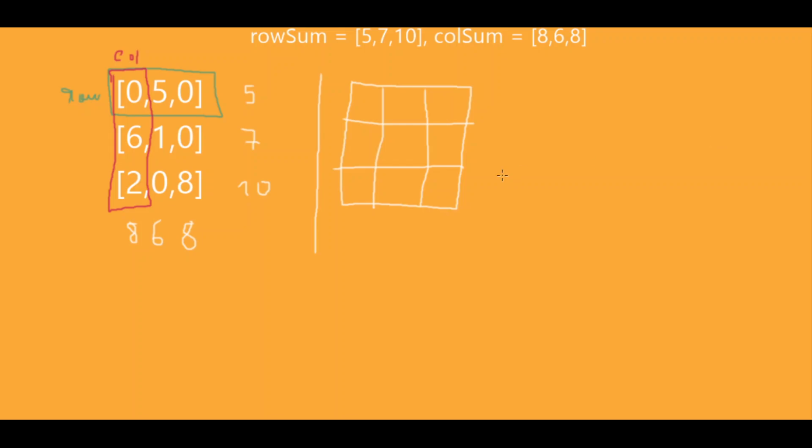So now we can try to understand what this solution is about. The approach that we are going to use to fill this matrix is greedy based. I will put here a limit of 8, a limit of 6, a limit of 8, and here a limit of 5, a limit of 7, and a limit of 10.